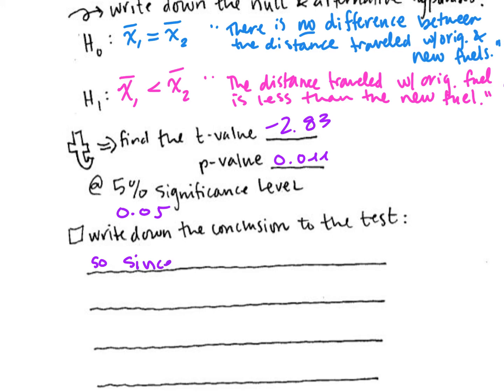Since 0.011 is less than 0.05, so that's our p-value, H naught, the null hypothesis, is rejected.